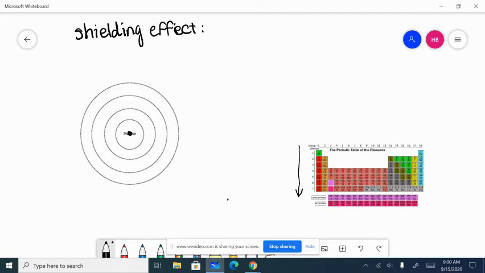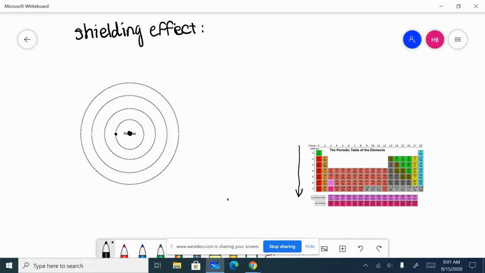We're going to focus on the principal energy levels. So here is N equals 1, N equals 2, N equals 3, and N equals 4. N equals 1 is hydrogen and helium. Hydrogen and helium are in the first principal energy level.